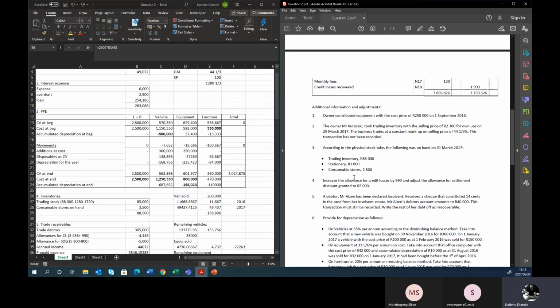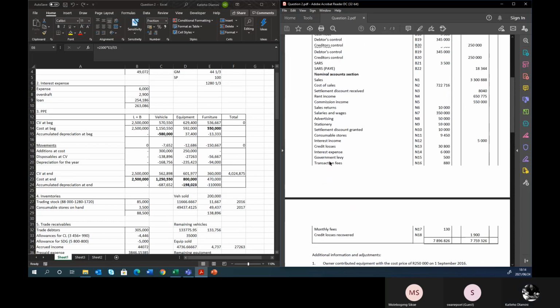So it doesn't necessarily mean this edible stuff. It's just things that you consume, I just can't think of an example now. It's things that you consume in the daily operations of your business. Maybe tea bags. That's still part of stationery. Maybe the calculator.